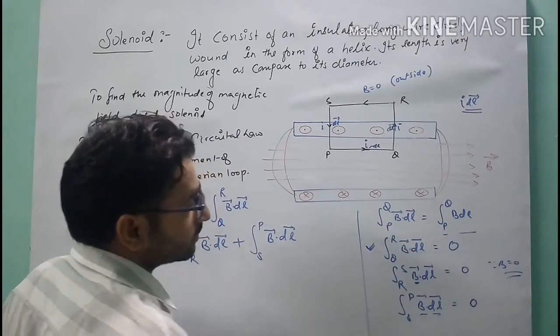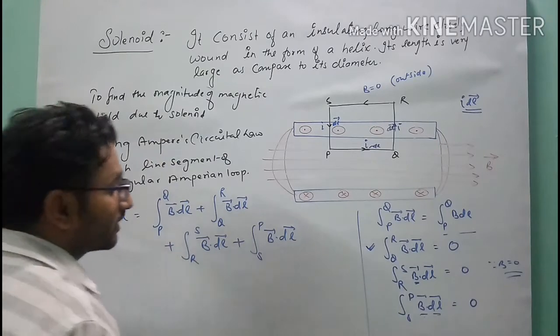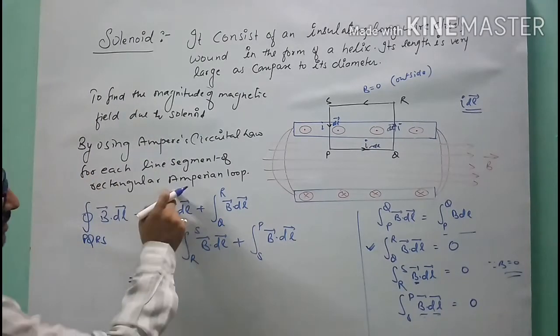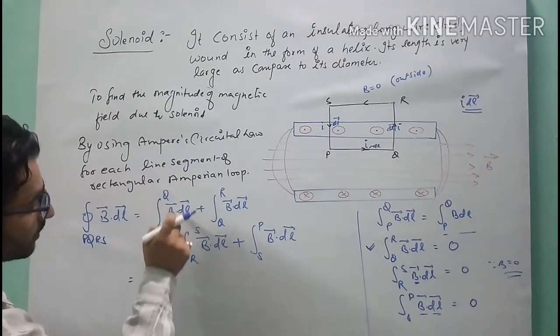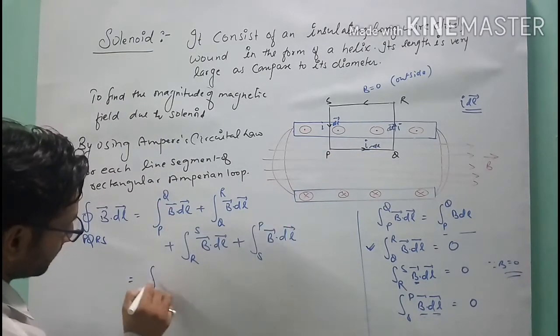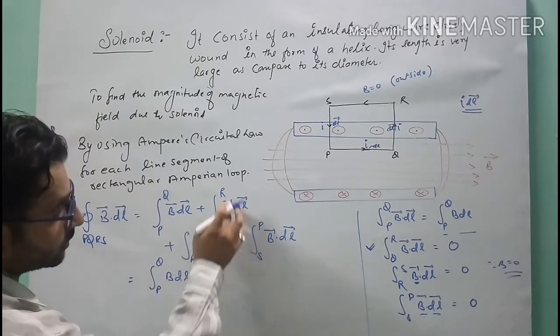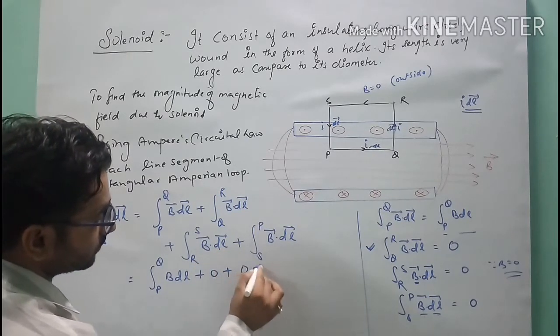So we have all values of the line integral for each small line element. For P to Q, it is the integral of B dl, and for Q to R it is equal to 0. This one is also equal to 0.